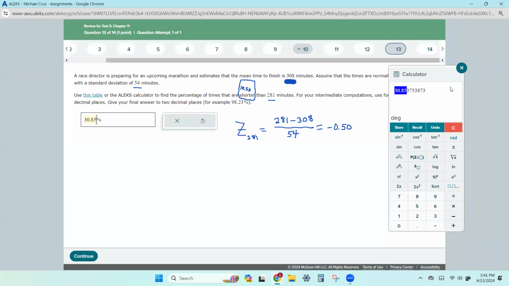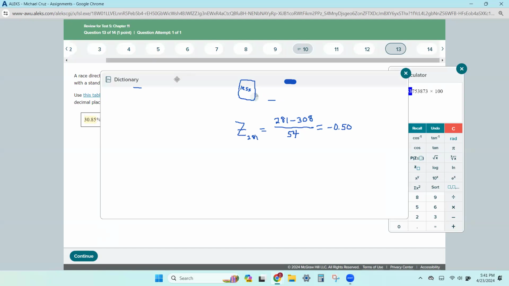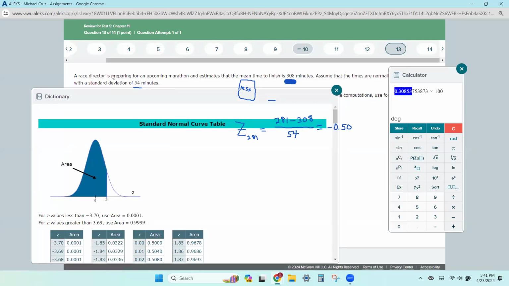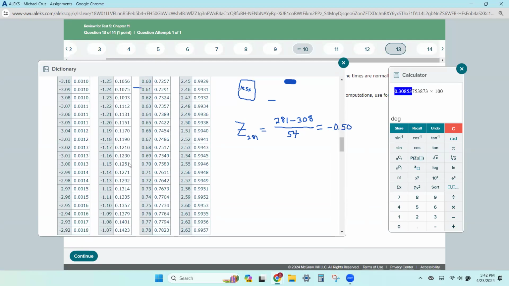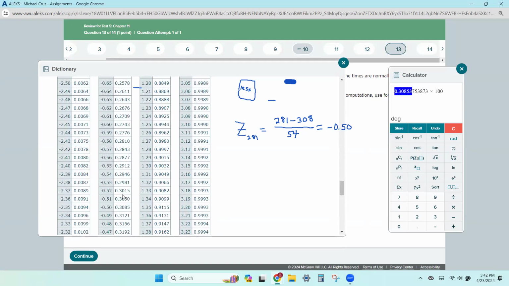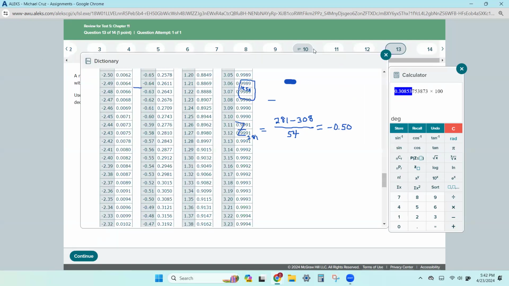All right. Now I'm going to hit the undo. And again, I'm going to show you that this is the same. Some people like using the table. So see, that's it right there. 0.3085, exactly what I've got highlighted in the calculator.